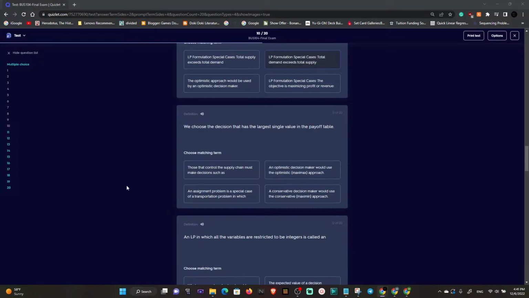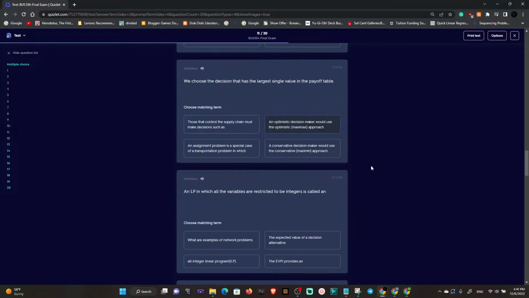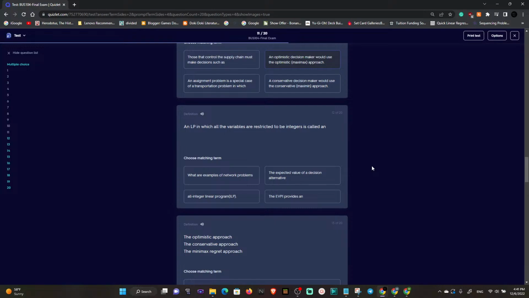My turn next. We choose the decision that has the largest single value in the payoff table. That's what the optimistic decision maker would use, the optimistic approach. You're up. LP in which all the variables are restricted to be integers. It's called the all-integer linear program.